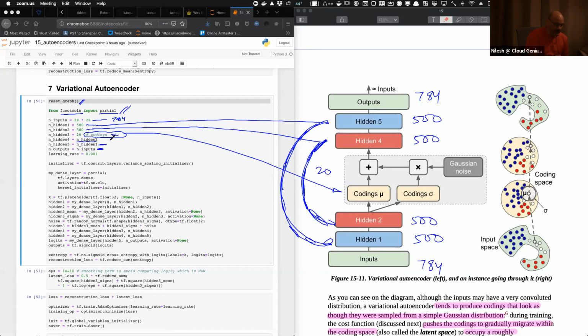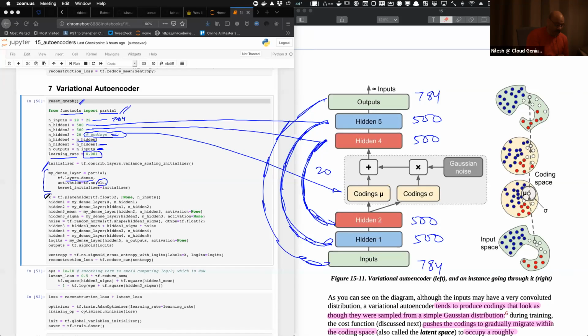This is matching output with input, which is this one. And learning rate 0.001. That's a chosen rate that we have picked. We are defining an initializer, creating a TensorFlow dense layer with elu activation function and initializing the dense layer.